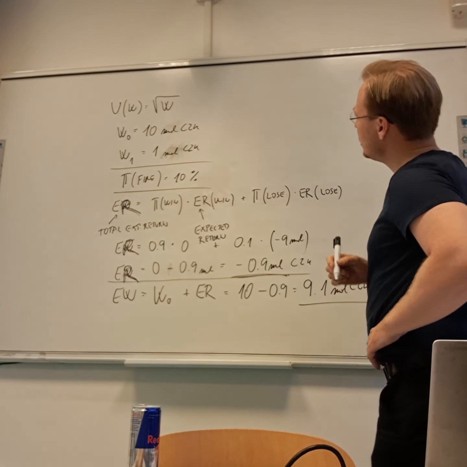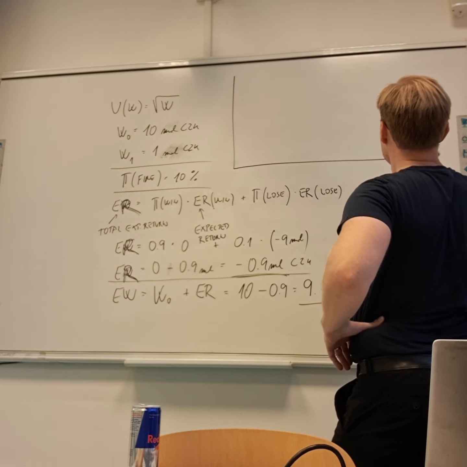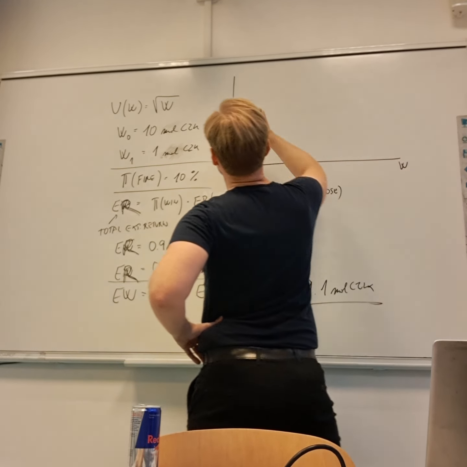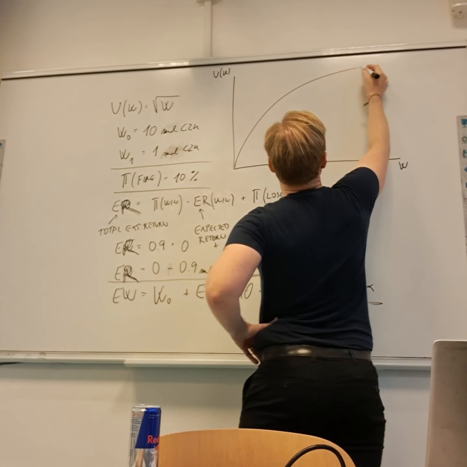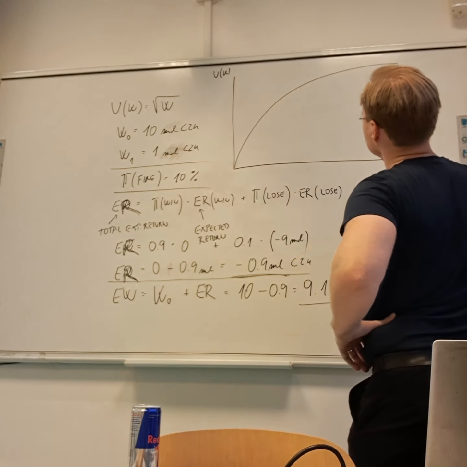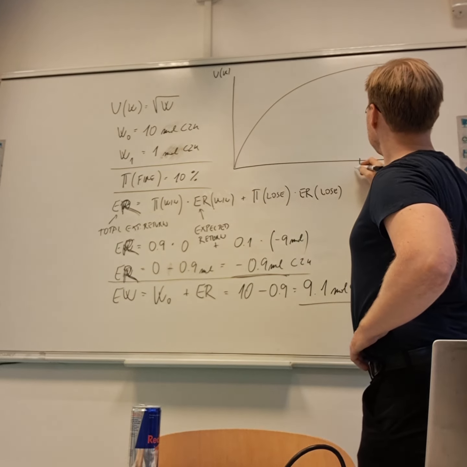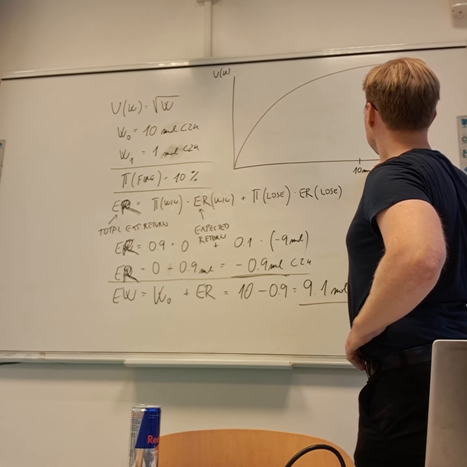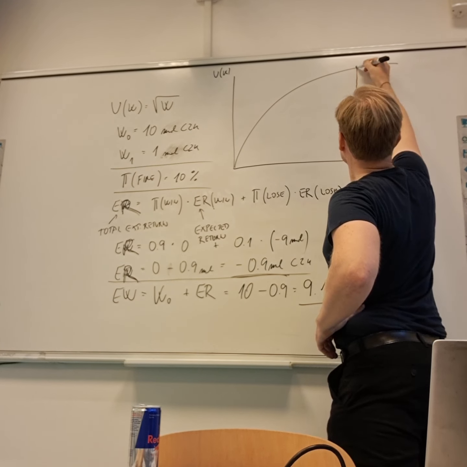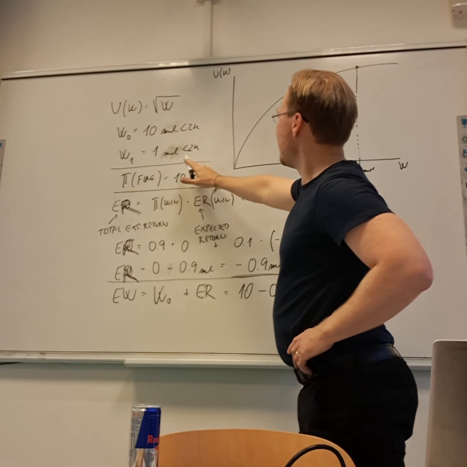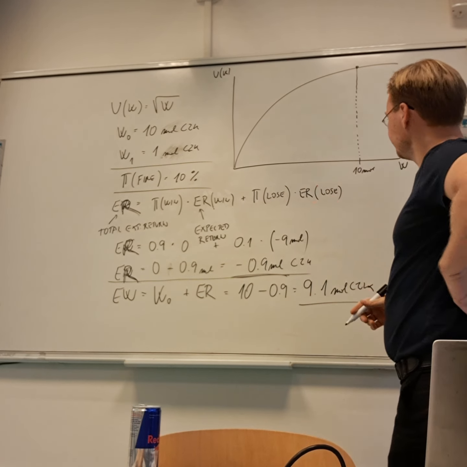Now, if we capture it graphically, this is the wealth, and the utility of wealth is a concave function, square root of W. The initial wealth was 10 million, the W0, which is also the wealth in case I would win.